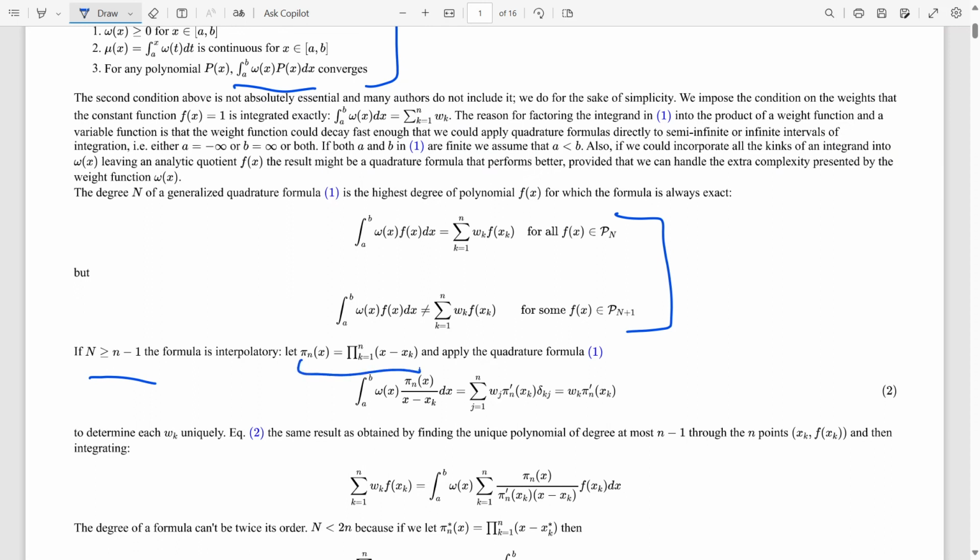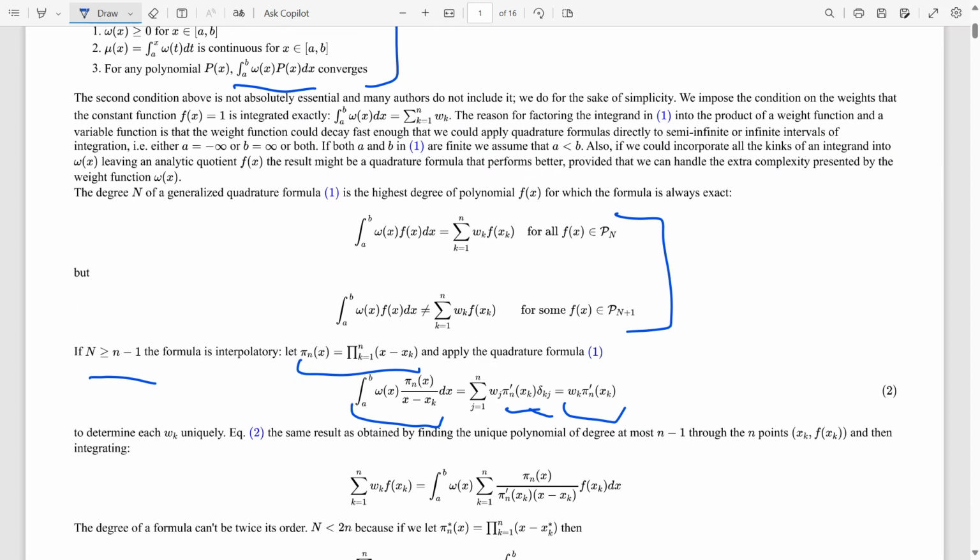Let pi n of x be the monic polynomial of degree n with the n nodes as its roots. Then the interpolatory quadrature formula applied to the integral is exact, and the integral is 0 at all of its nodes except for xk, where its value can be determined by L'Hopital's rule, yielding the simple formula for the weights wk.